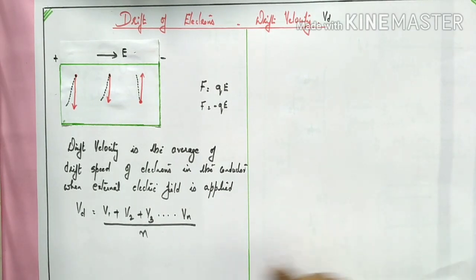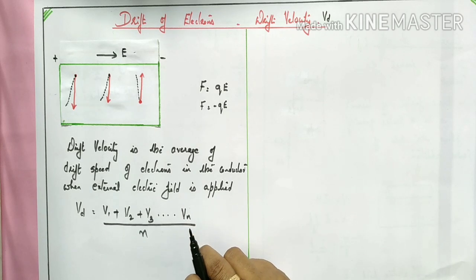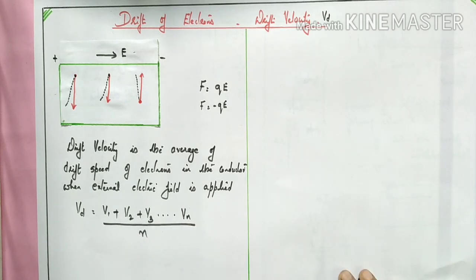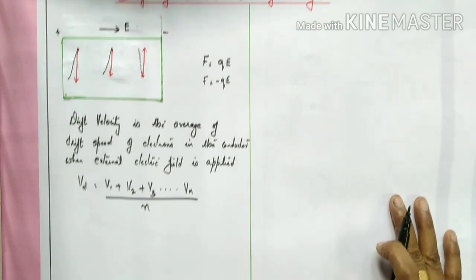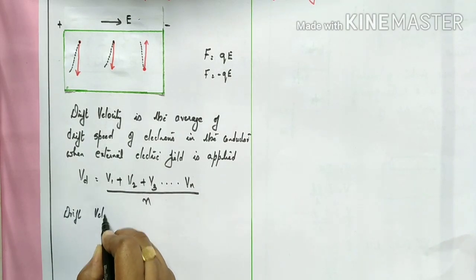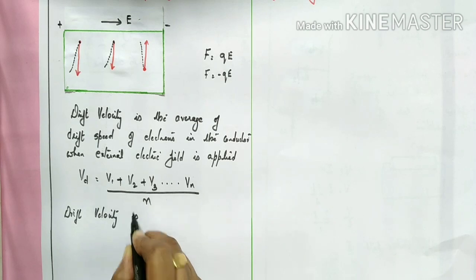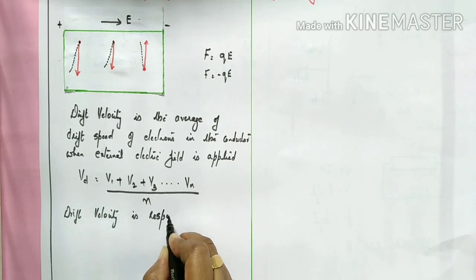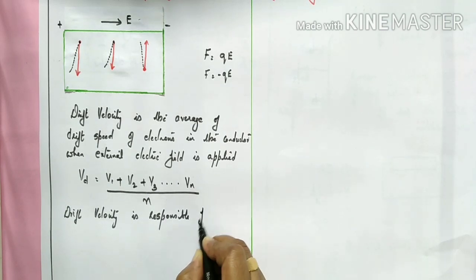So our drift velocity is V1 plus V2 plus V3 and so on up to Vn divided by n. And this velocity is called the drift velocity and it is responsible for electric current.